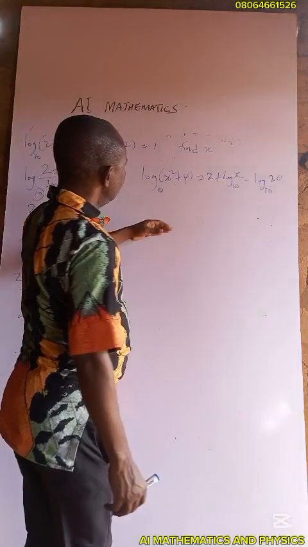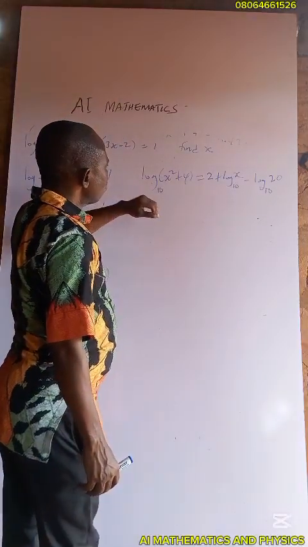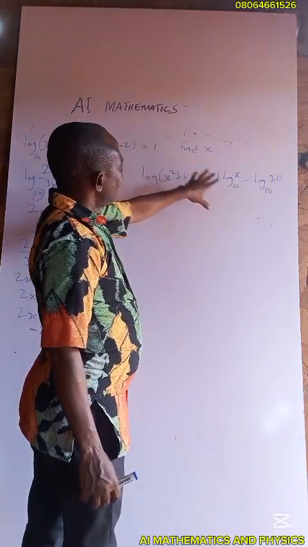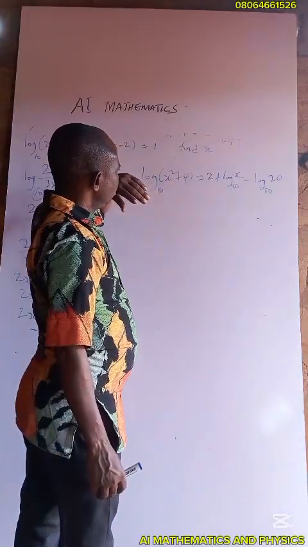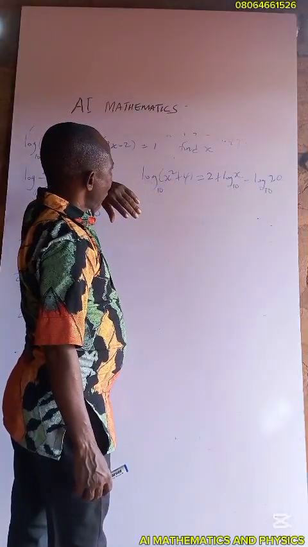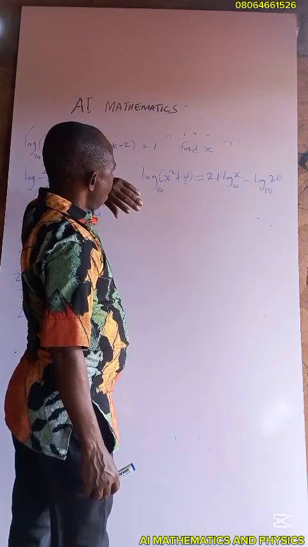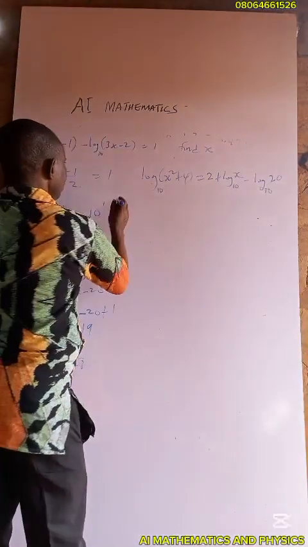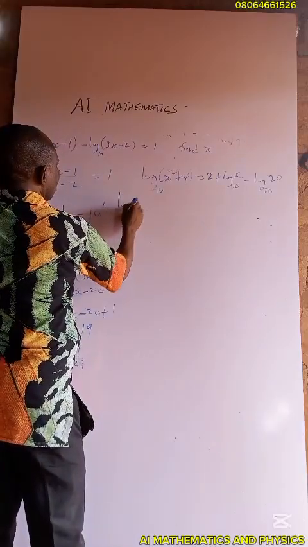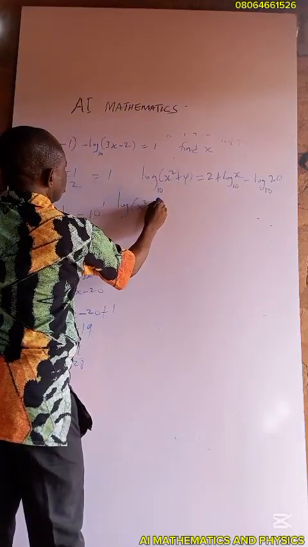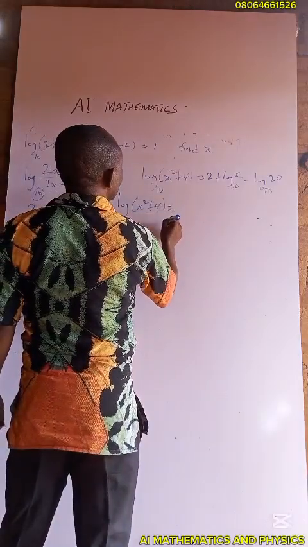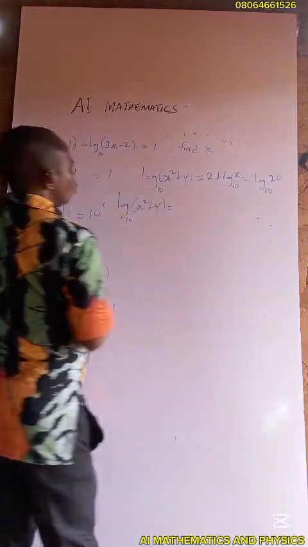This one, leave it alone here. And this one, you have to do something to this side. So log x squared plus 4 base 10 equal to 2.